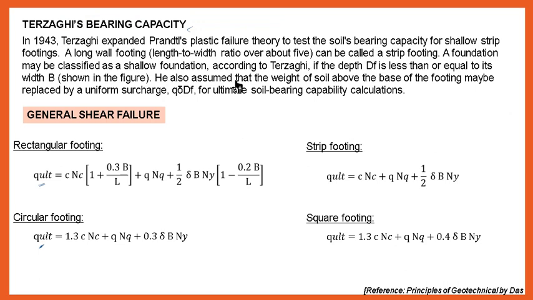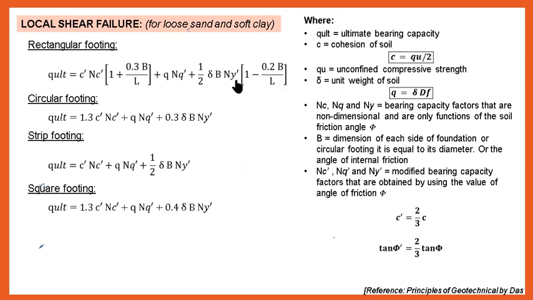Almost the same lang yung equation natin. Okay? So, we have here, yung q sub ult natin is our ultimate bearing capacity. So, ito yung hinahanap natin, yung ultimate bearing capacity natin. Yun yung capacity ng ating footing.